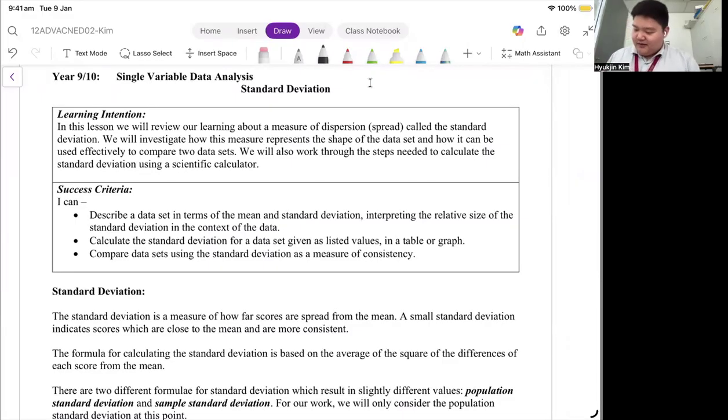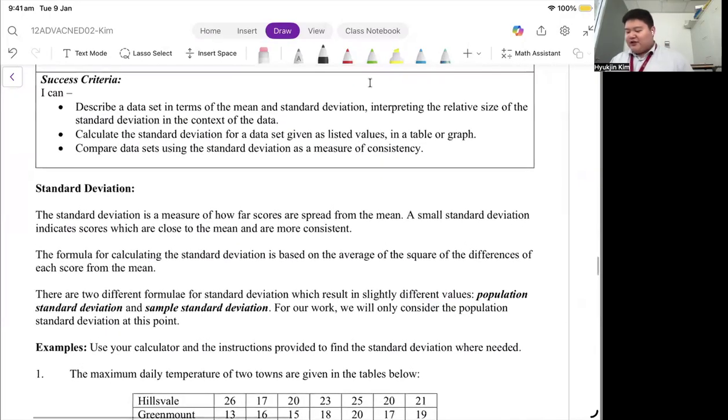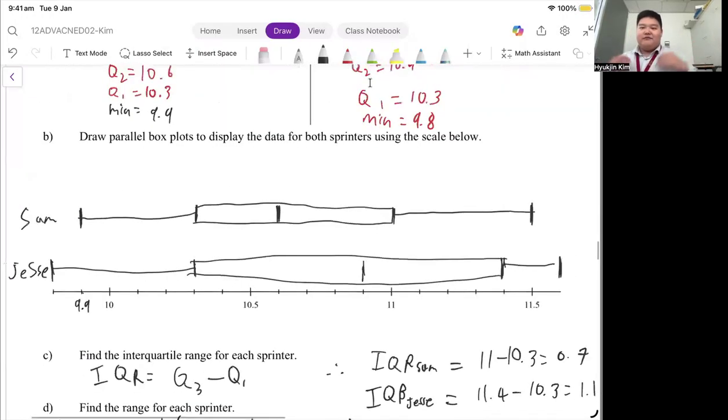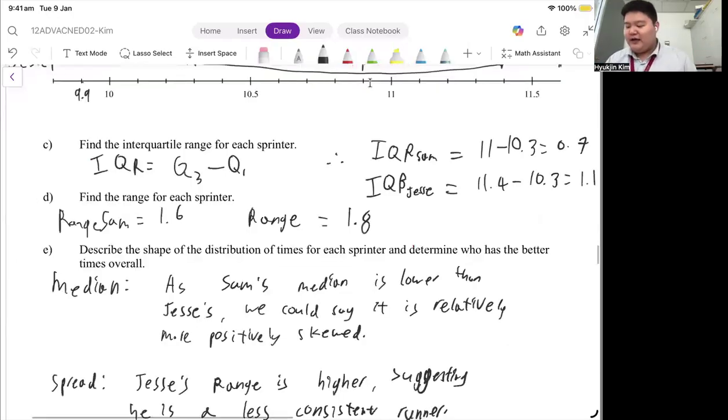The standard deviation is a measure of how far scores are spread from the mean. Small standard deviation indicates scores which are closer to the mean and more consistent. As an example, Sam would have a lesser standard deviation than Jesse because Sam's are closer to the center. They're all very concentrated, whereas Jesse's are all over the place relative to Sam.